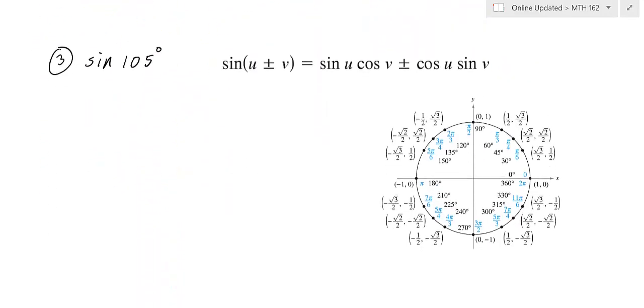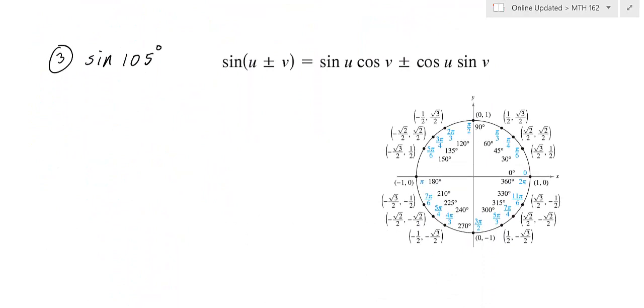All right, one last video to look at, and this one here, if you notice, we have the sine of 105 degrees, and this one you actually need to determine what two angles we want to use, because once again, if we look at the unit circle over here, we don't have an angle of 105 degrees, so you're going to have to start out with this problem and find out the sine of what angle, and then we need to figure out, are we going to use plus or minus that will add up to another angle to give us 105.